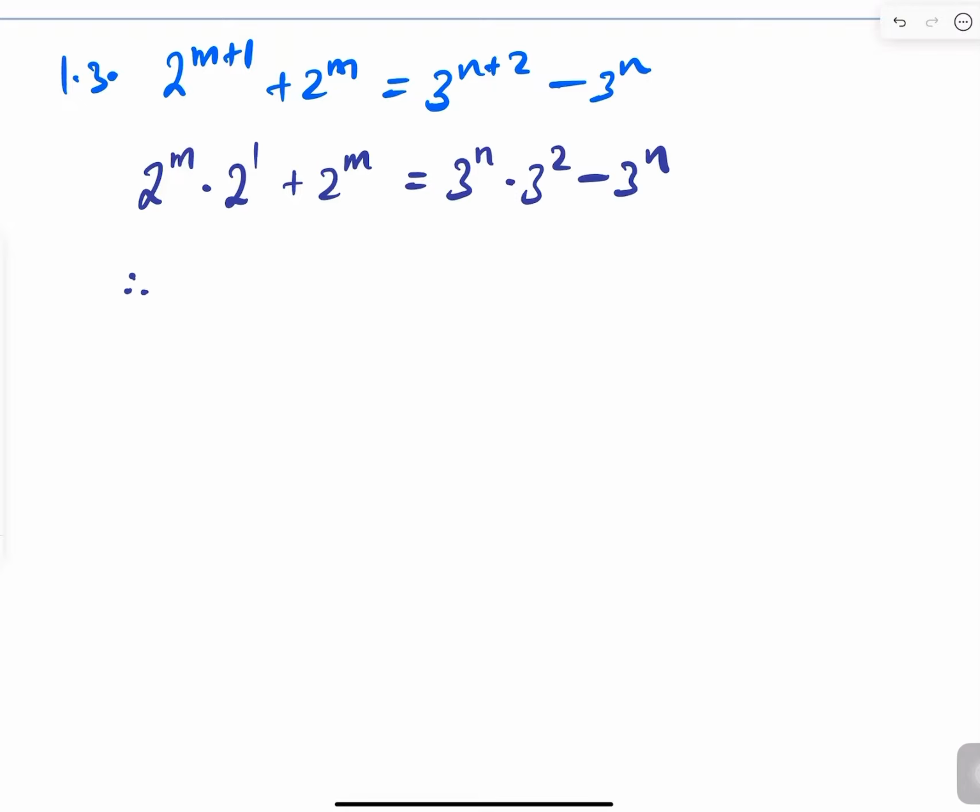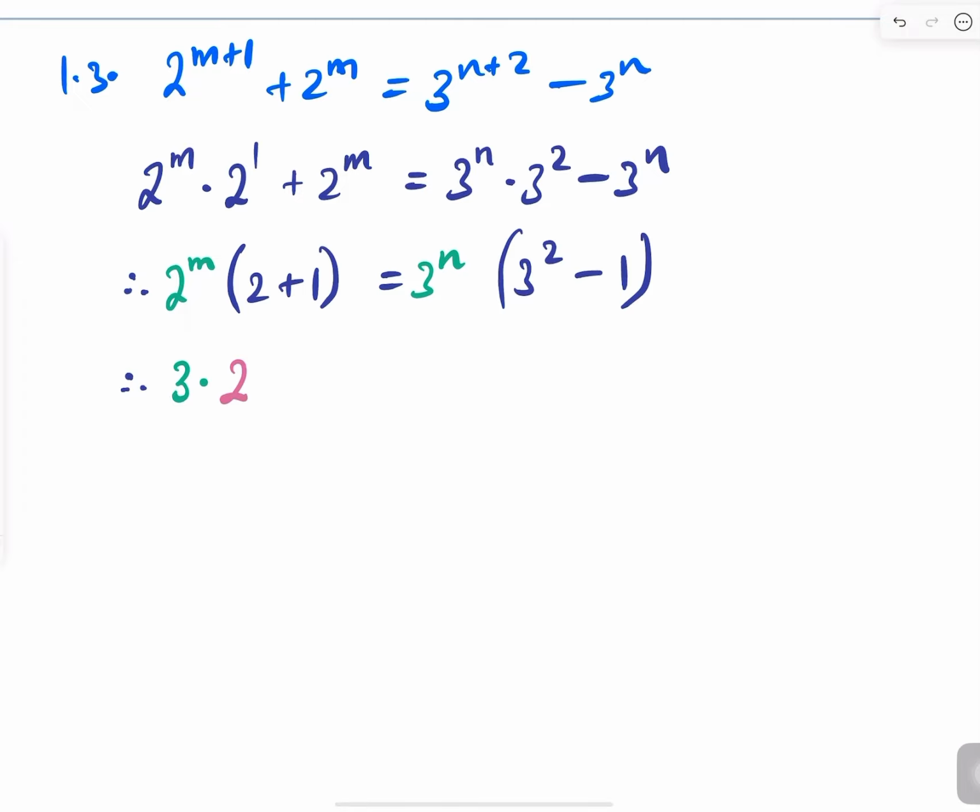Therefore, you check what is common here. That is 2 to the power m, times 2 plus 1, is equal to 3 to the power n, times 3 to the power 2 minus 1. So now you have 3 multiplied by 2 to the power m, in that order.